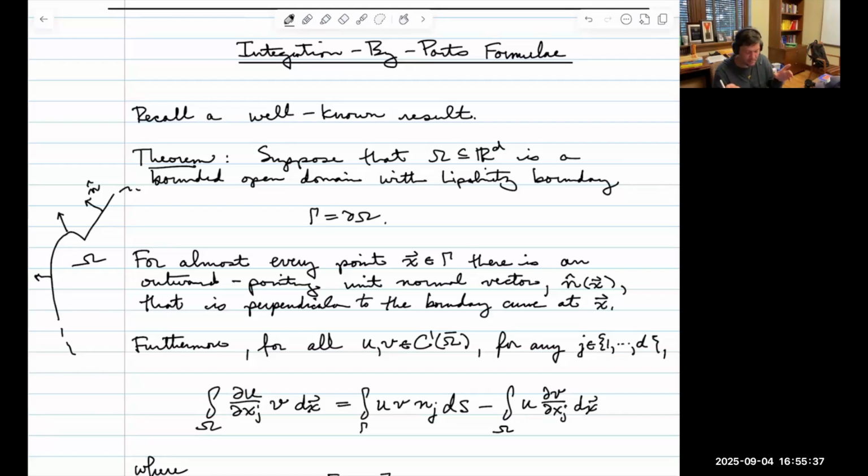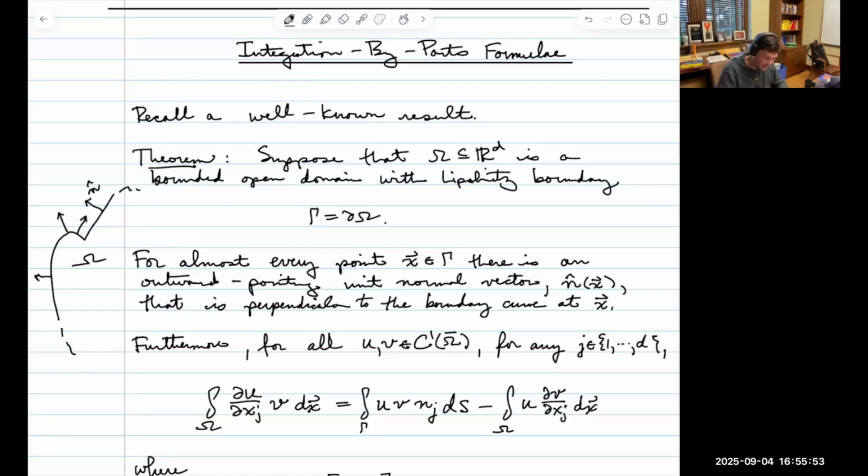It has some problems with it, but they can be overcome. The problem with these types of boundaries is they can have corners to them. And so at a corner point, you might not have a well-defined outward pointing unit normal.